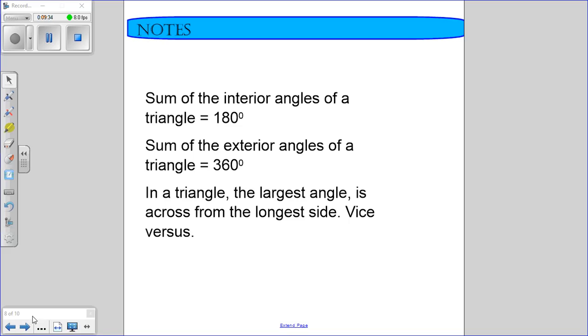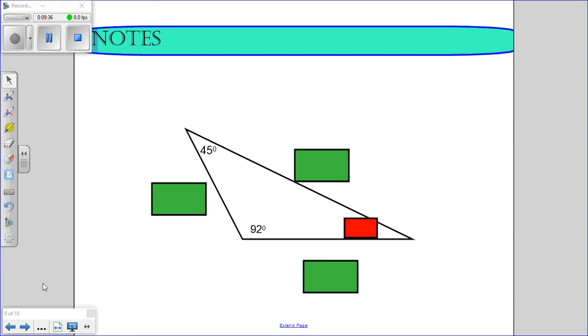So let me show you what I actually mean by that. Okay, so in this triangle, let's first look at that first part that said that our triangle angles on the inside have to add up to 180. So right here we have two angles.